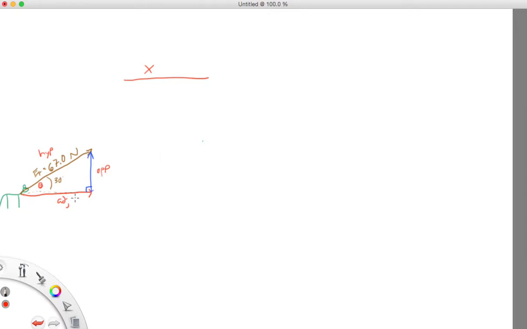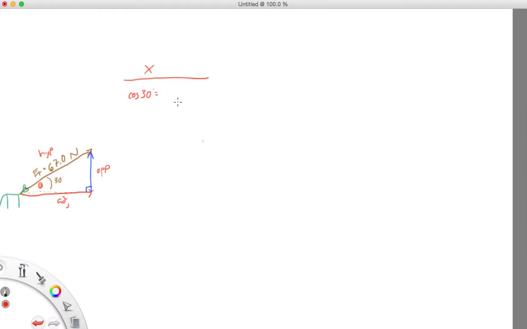So what can we say about this X side right here? Well, we could say that the sine of 30 degrees will equal, since we know from SOHCAHTOA, oh, I'm sorry, not the sine, my bad. It's going to be cosine.